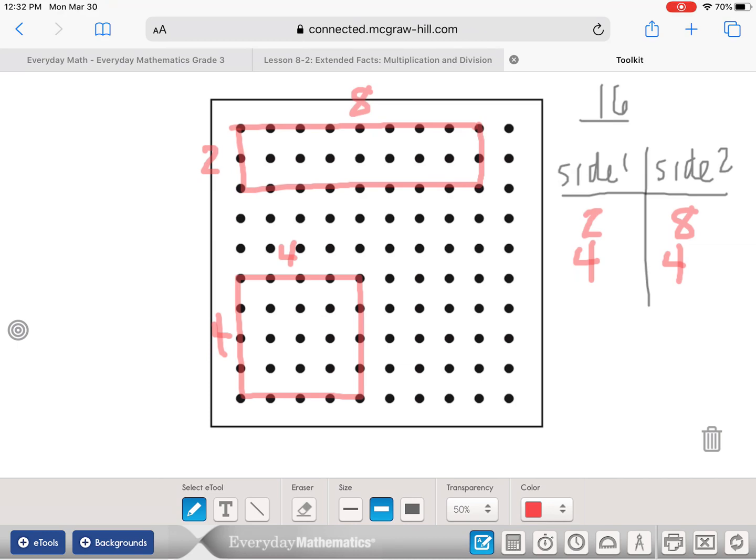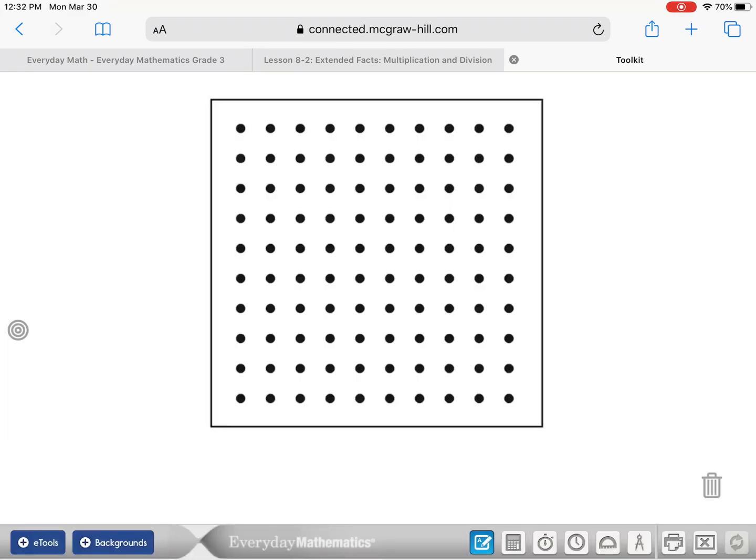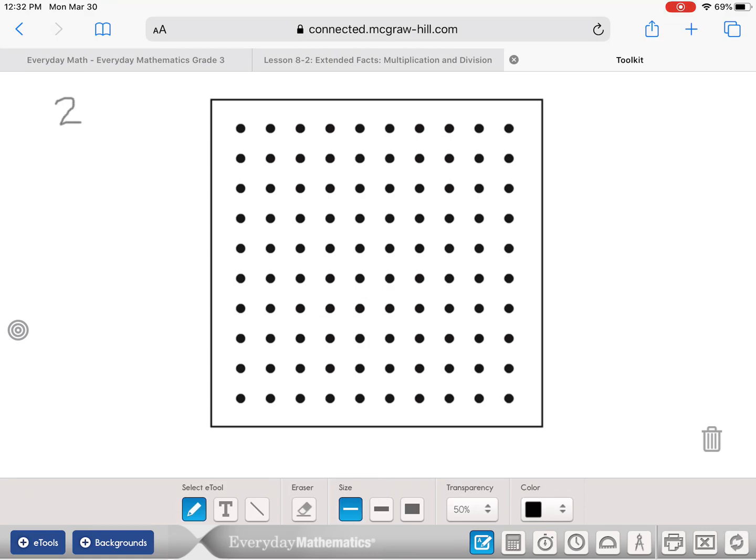So now that you have that top part written in, the next challenge that we're supposed to do on this page is think of an area with an odd number of square units. The areas that we just did were all even numbers. So what if I wanted to find one with an area of 21? What would my sides look like?